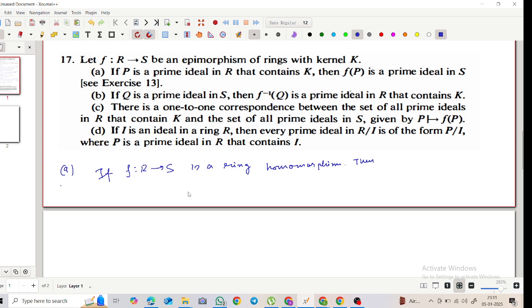By the first ring isomorphism theorem, this is a surjective map, so R mod K is isomorphic to S. The first ring homomorphism theorem. Okay.